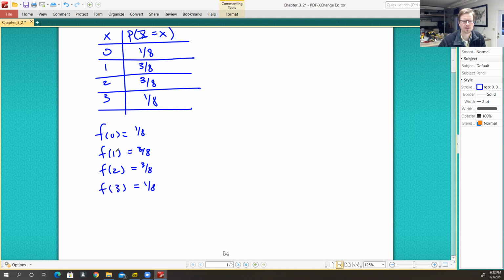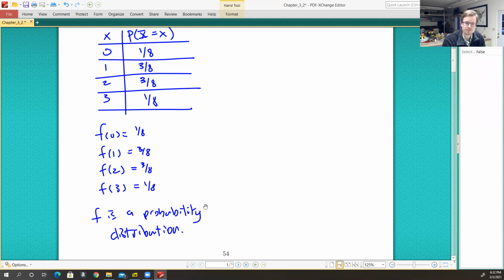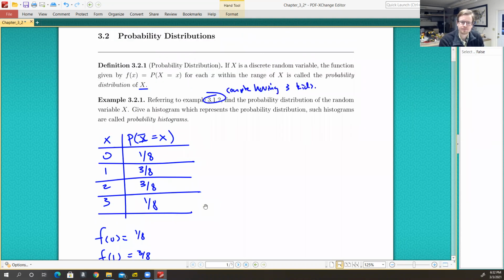So this, right, f is a probability distribution. Excellent. Pretty straightforward, I think.